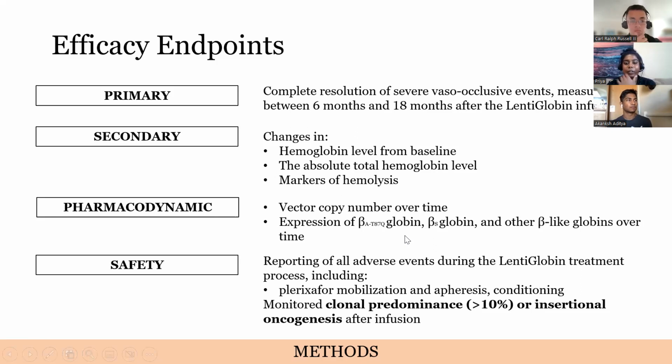Some other things they look for is also the vector copy number, which actually relates to the expression of the vector. What a vector copy number is, is how many insertions of the vector we have in each cell. In any given cell, there might be one insertion of that gene, two insertions of that gene.